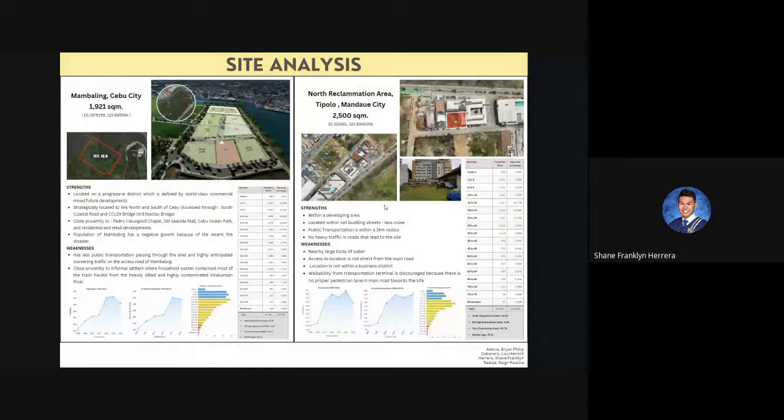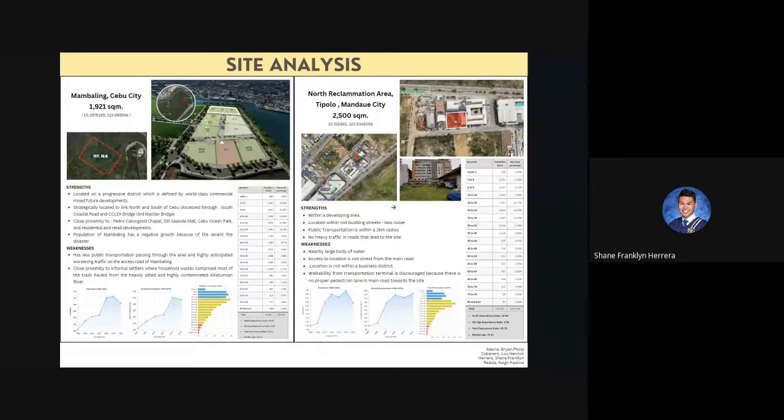The third site would be in Mambaling, by SRP. The strengths are that it's a progressive district, defined by world-class commercial mixed-use developments. It's strategically located to link north and south of Cebu. It's in close proximity to a chapel, the SM Seaside mall, Cebu Ocean Park, and residential and retail developments.